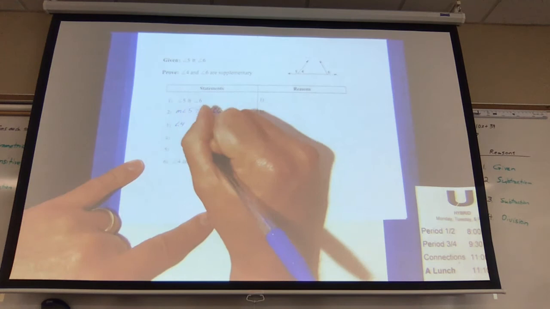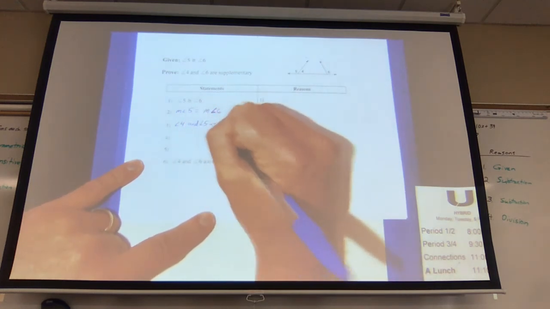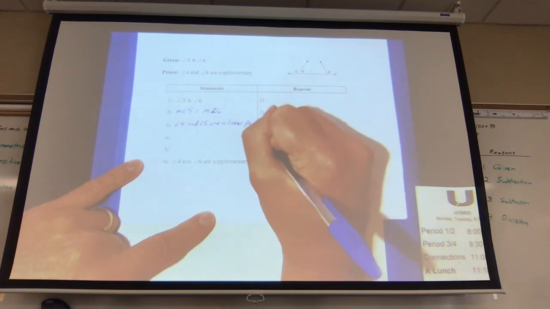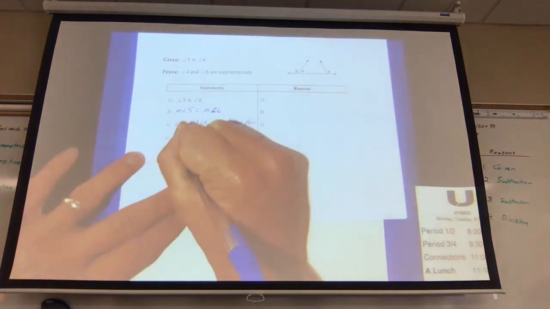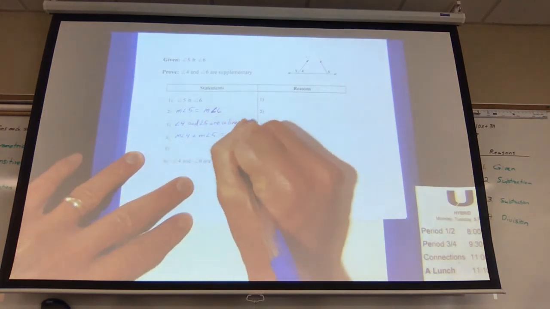Step 3, angle 4 and angle 5 are going to be a linear pair. Step 4, we're going to have the measure of angle 4 plus the measure of angle 5 equal 180.